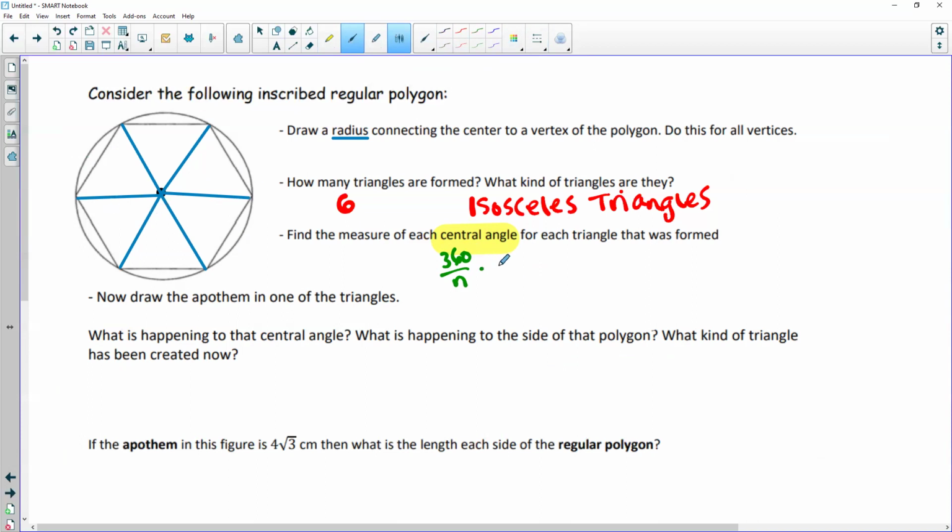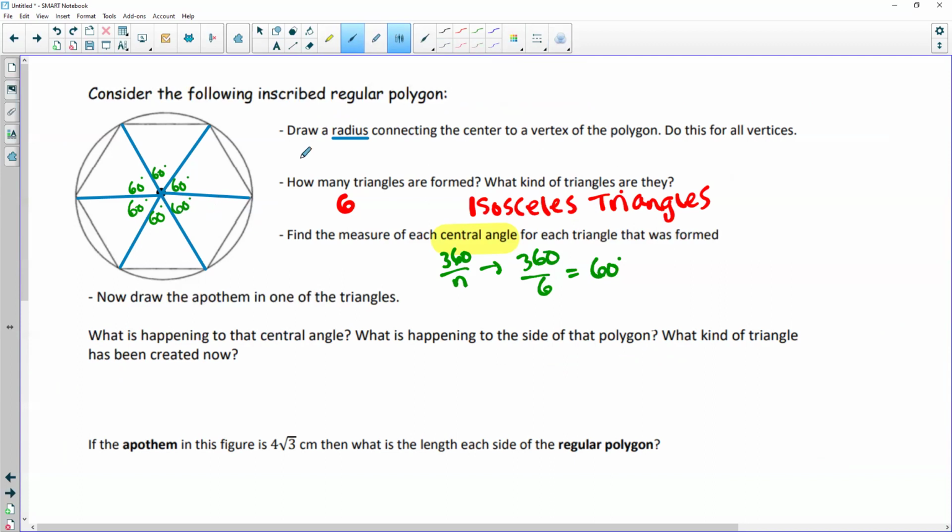We have a total of 6 sides. So this would be 360 divided by 6, which would give us 60 degrees for the measure of each central angle for each triangle that is formed. So essentially that tells us that it's 60, 60, 60, 60, 60, and 60. So all of these triangles have a central angle measure of 60 degrees here.